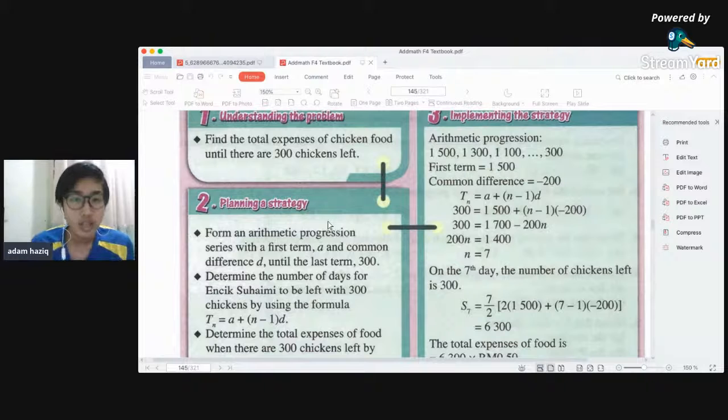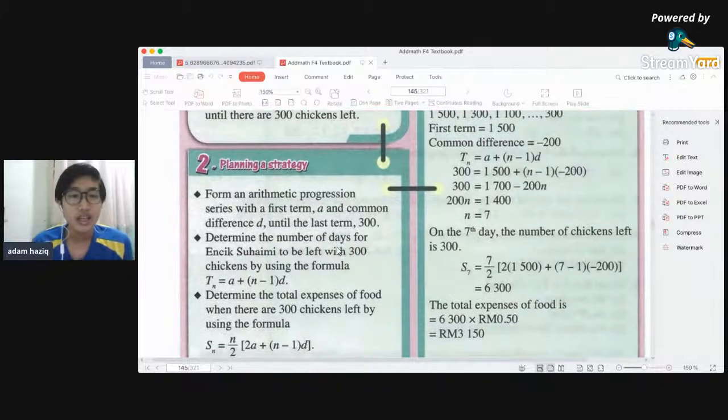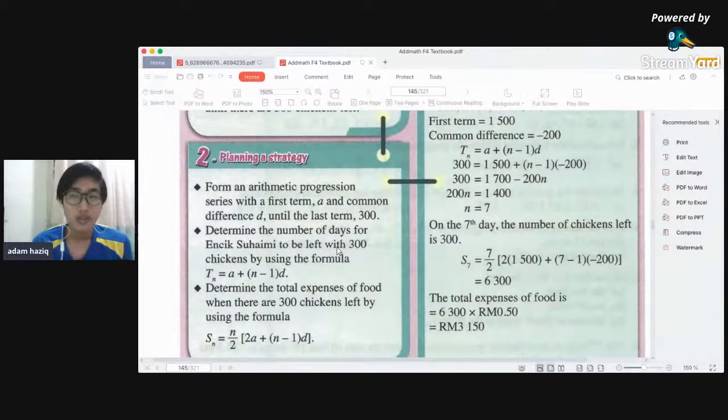So we need to determine the number of days for Encik Suhaimi to be left with 300 chickens by using the formula Tn equals A plus (N minus 1) times D to find the value of N. It is because if we want to find the sum of the expenses used by Mr. Suhaimi for the chicken food, we need to find the total days.